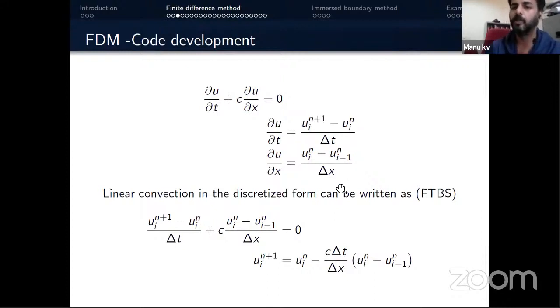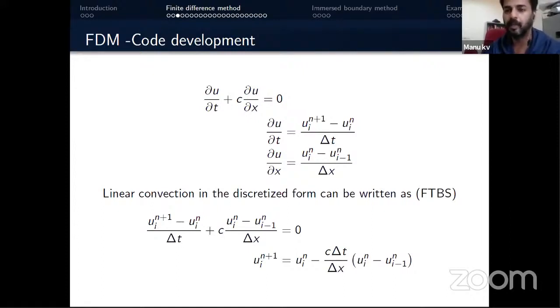To make life simple, I'm using a first order accurate, delta t accurate scheme for temporal discretization, and for spatial discretization, I'm using a backward scheme. How to select a scheme depends upon many factors like stability and consistency.